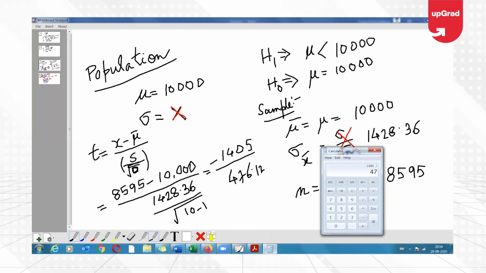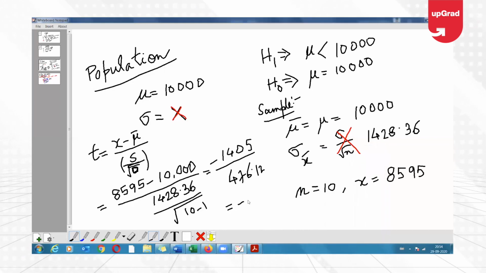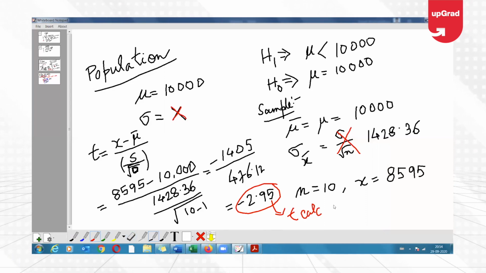That divided by 476.12, and we get minus 2.95. So this is my t-statistic, and going forward we'll call it t calculated. You can call it t calculated or t-statistic. It's very similar to our z-score.